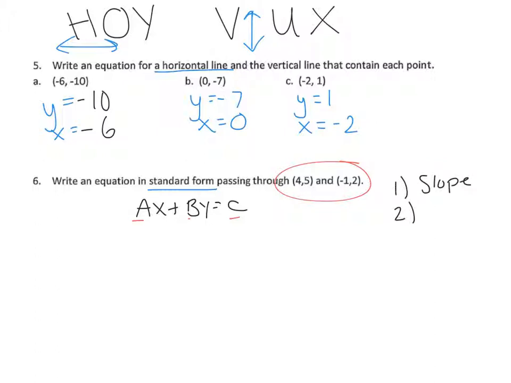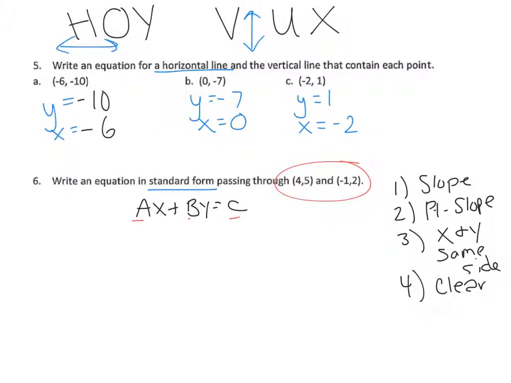Then you need to write it in point-slope form, which we just did on the last slide. Then you need to make it look like standard form, so you need to get x and y on the same side. And a, b, and c need to be whole numbers, positive or negative, so you're going to have to clear fractions. So let's go through it.